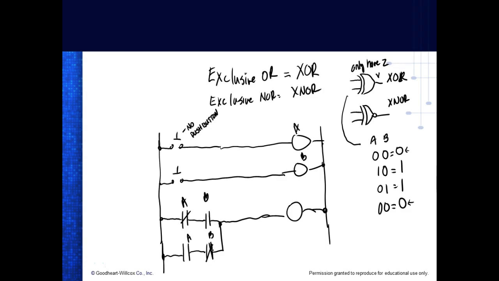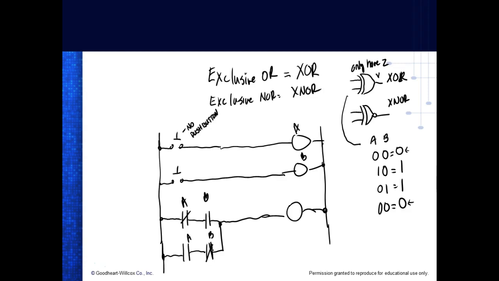So this is an exclusive OR. We have the same 2 inputs. Notice up here, you could swap these around, but if it's normally open here, it would be normally closed down here, or vice versa. So here it's what? Normally closed. So what's it down here? Up here it's normally open. So what's it down here?